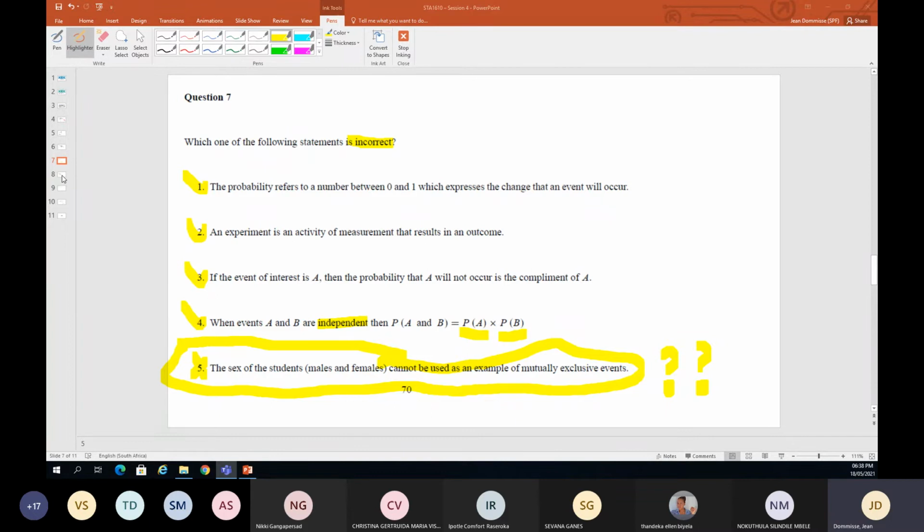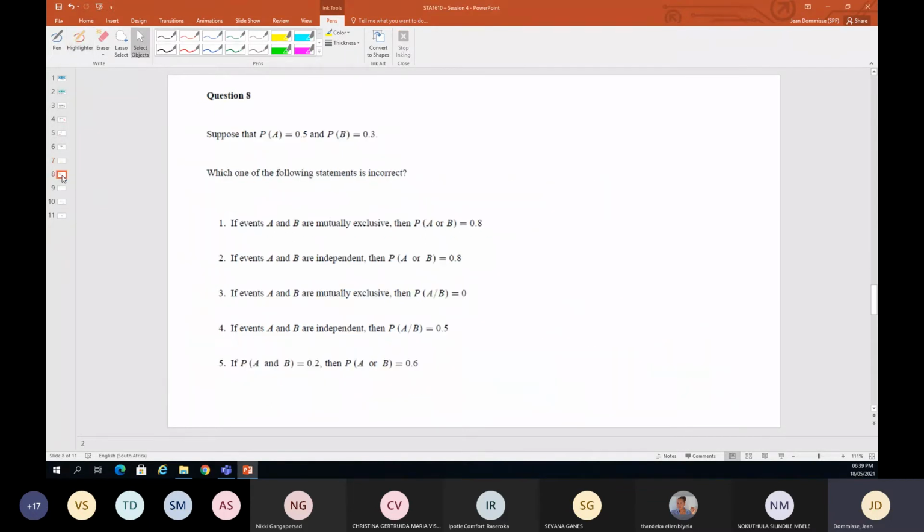Okay, so let's move on to the next question. Now you see the first 2 or 3 questions, they gave you a table, and from the table you needed to work out the probabilities. Now they give you just it in writing.